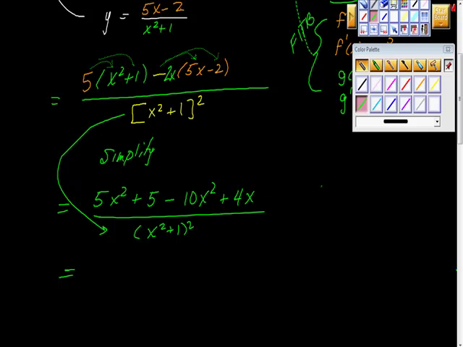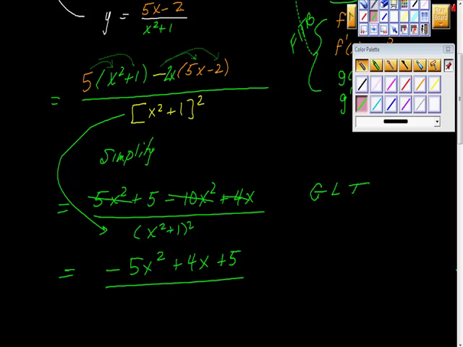I'm just going to gather like terms. X squared gives me negative 5x squared here, doesn't it? Plus 4x, right? Plus 5, right? Plus 5 all over the quantity x squared plus 1 squared.